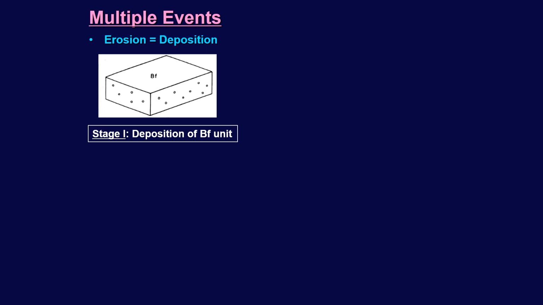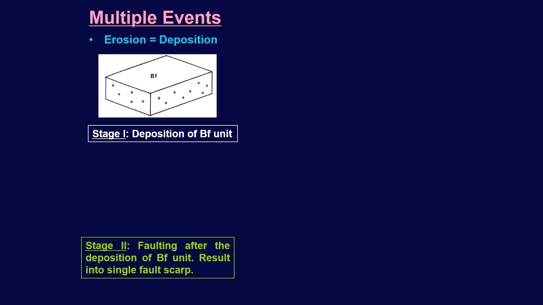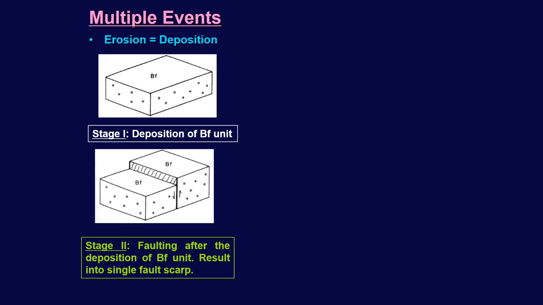Now the same scenario we take for multiple events, how we see that. Okay. So you have the deposition, and then we say let us have a faulting after the BF. Okay. We will not wait for the erosion and deposition process. So we have a scarp which has been developed after the deposition of BF.